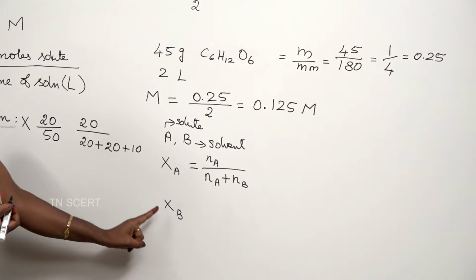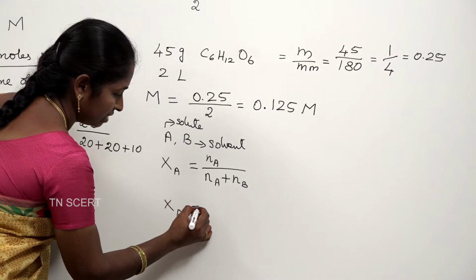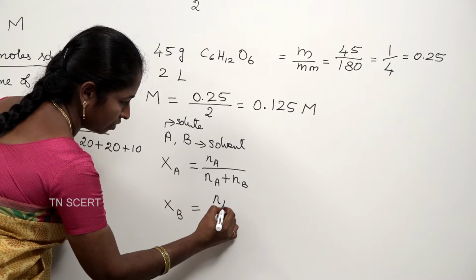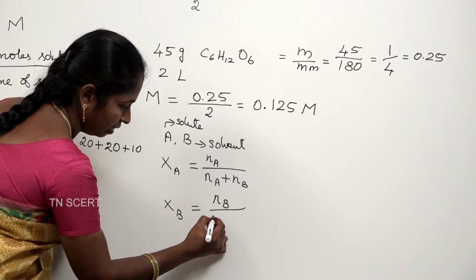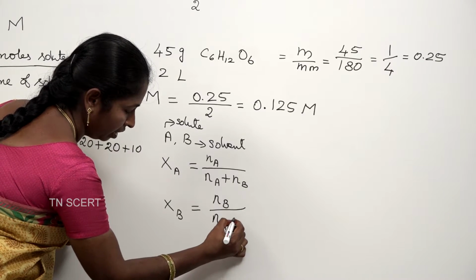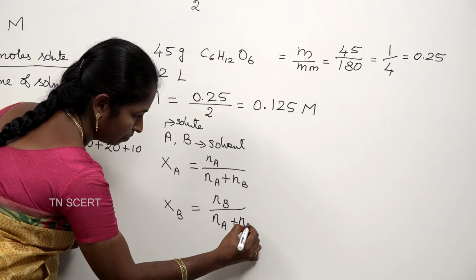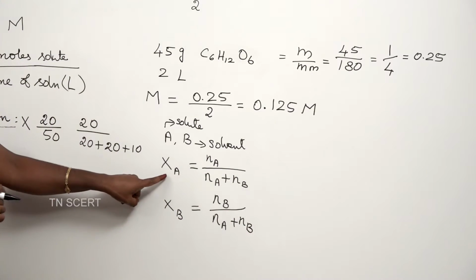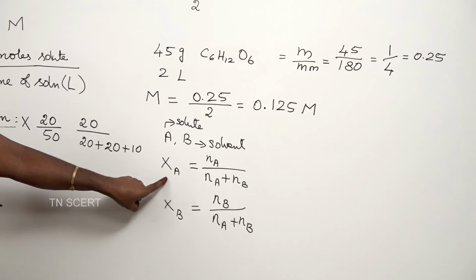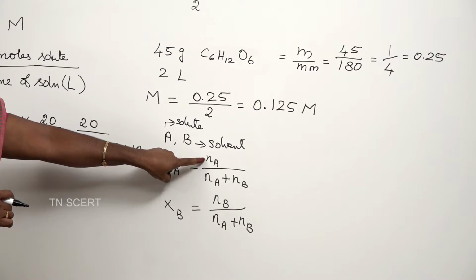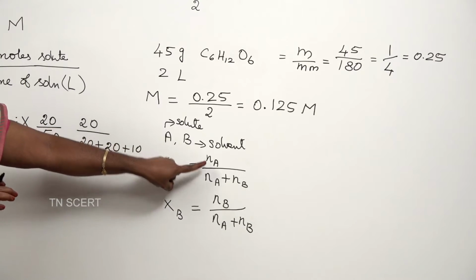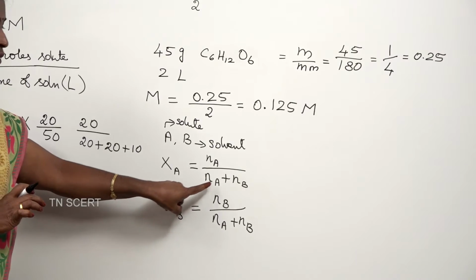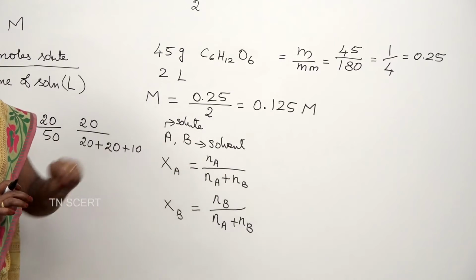In the same way, XB can be written as the number of moles of B divided by the number of moles of A plus the number of moles of B. So, the mole fraction of any component is given by the number of moles of that particular component divided by the total number of moles of all the components.